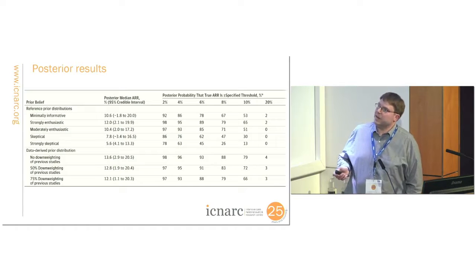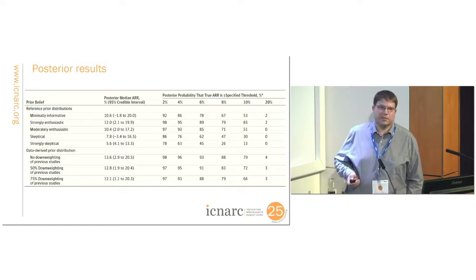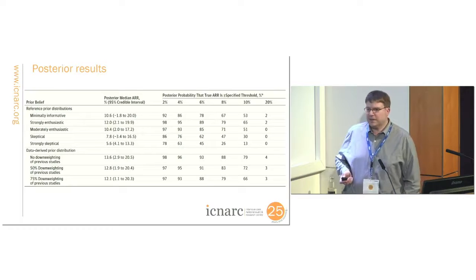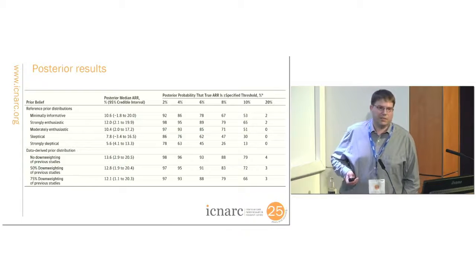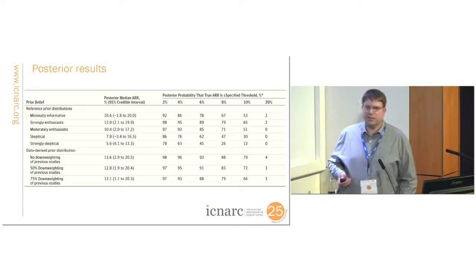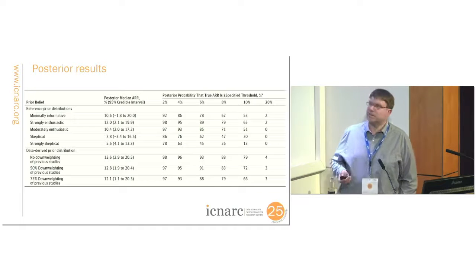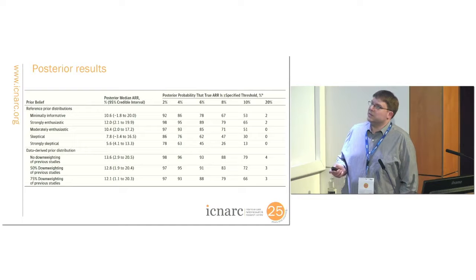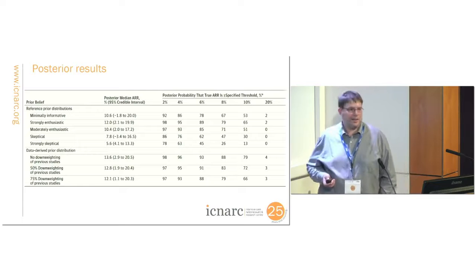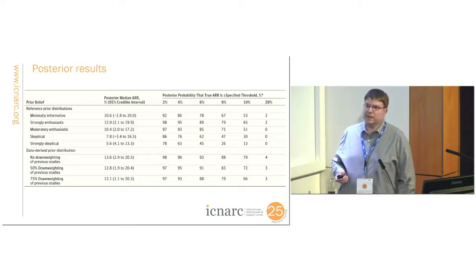But we can now see the effect of taking these different prior beliefs. And even if you started off with that strongly skeptical belief, you in your head had the equivalent of a 264 patient trial showing no difference, even though no such trial has ever been done, then the Aeolia results should lead you to think that, well, the effect of ECMO is likely to be at least 4%.